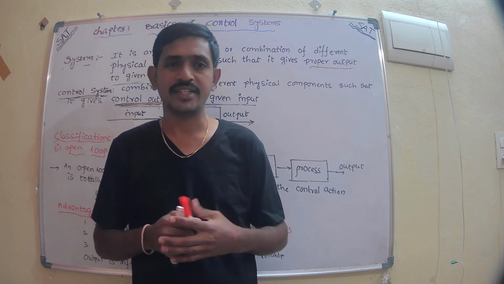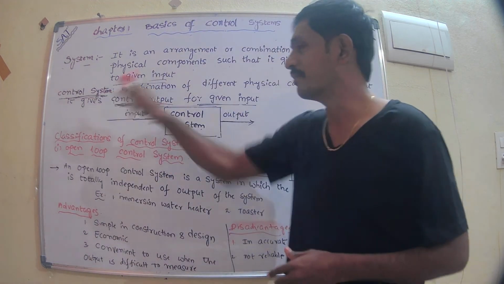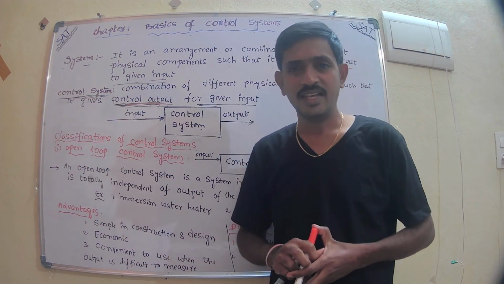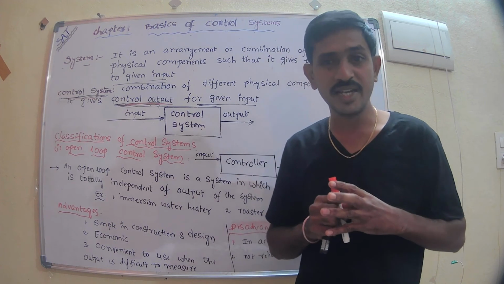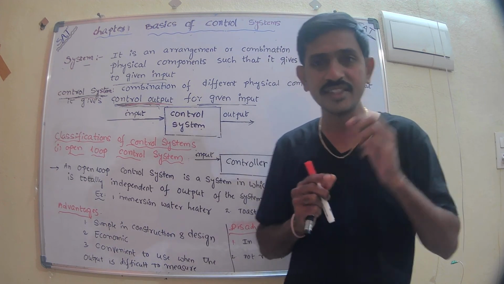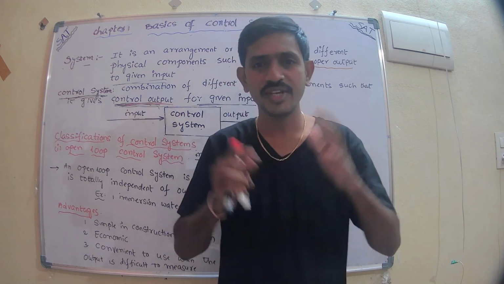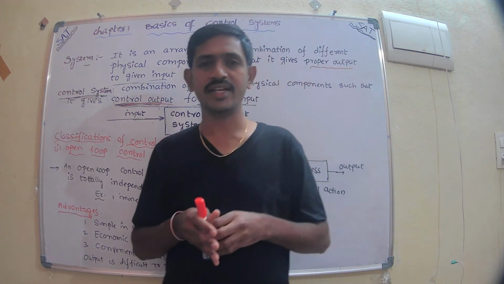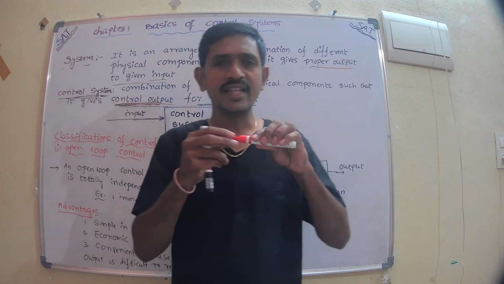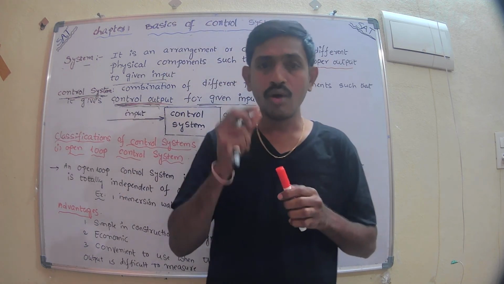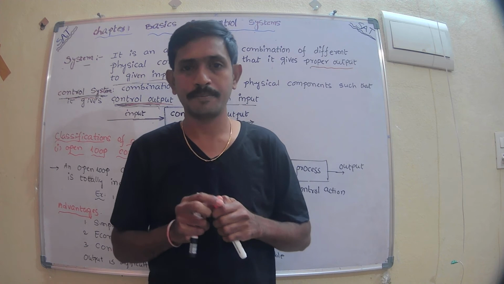Okay, right. Next one is control system. It is also the same, but here it gives the controlled output for a given input. So we are connecting different physical components, and then it gives a proper output for a given input.